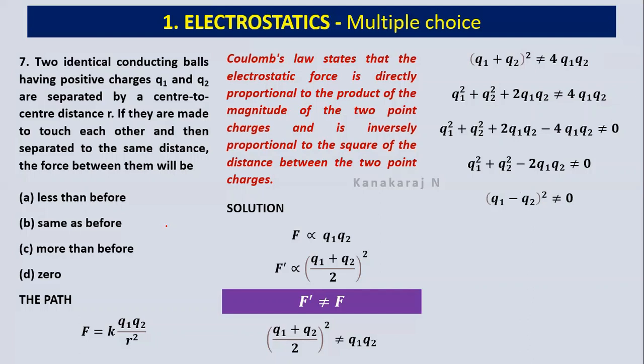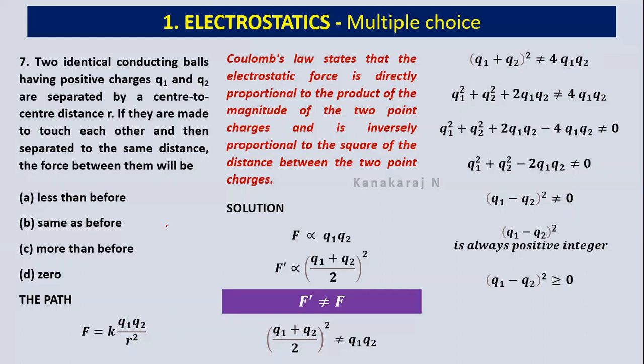Remember, Q1 and Q2 may give you a positive value or a negative value, but whether it is positive or negative, the square is going to be positive. So I can say very clearly that Q1 minus Q2 the whole square is always a positive value. So this value must be greater than or equal to 0.